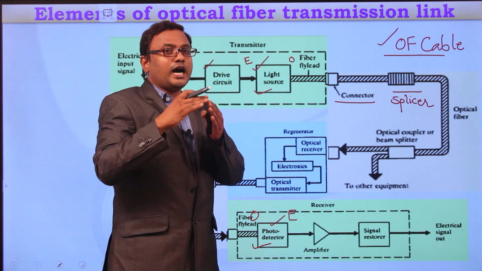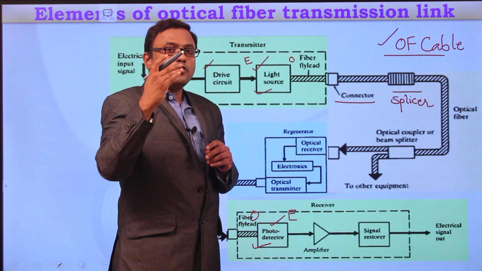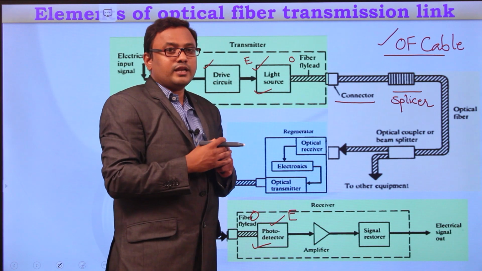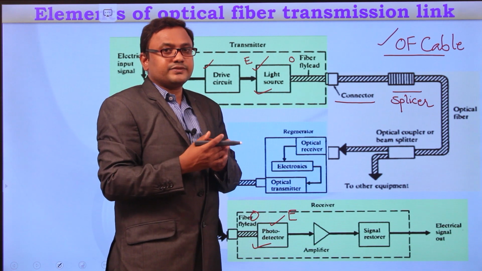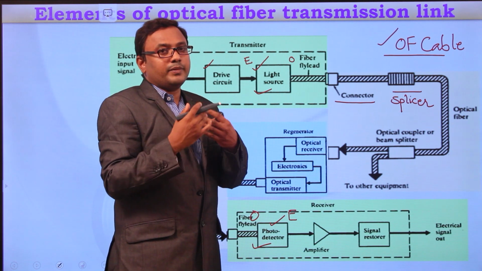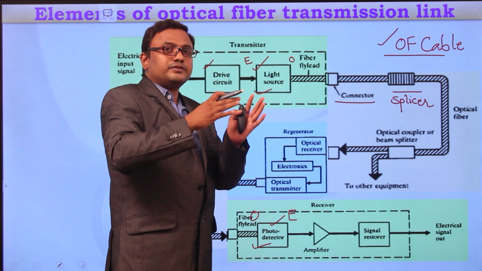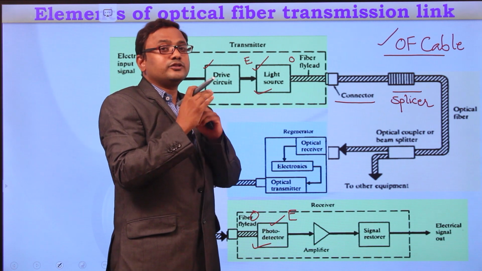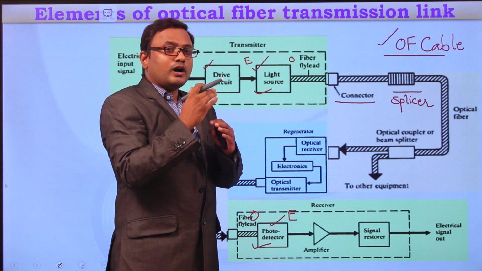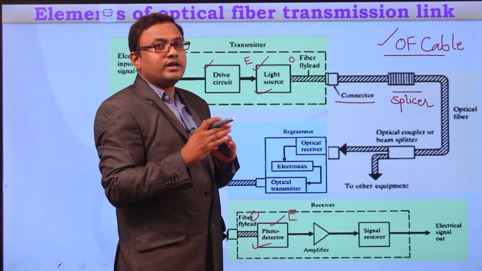What are the basic optic laws involved? And how many types of optical fiber cables are there? Like step index fiber, graded index fiber, single mode fiber, multi mode fiber. And for the proper propagation of the light signal, with which angle the light signal must be entered into the optical fiber cable. So all these things about the optical fiber cable we are going to learn in our first unit.